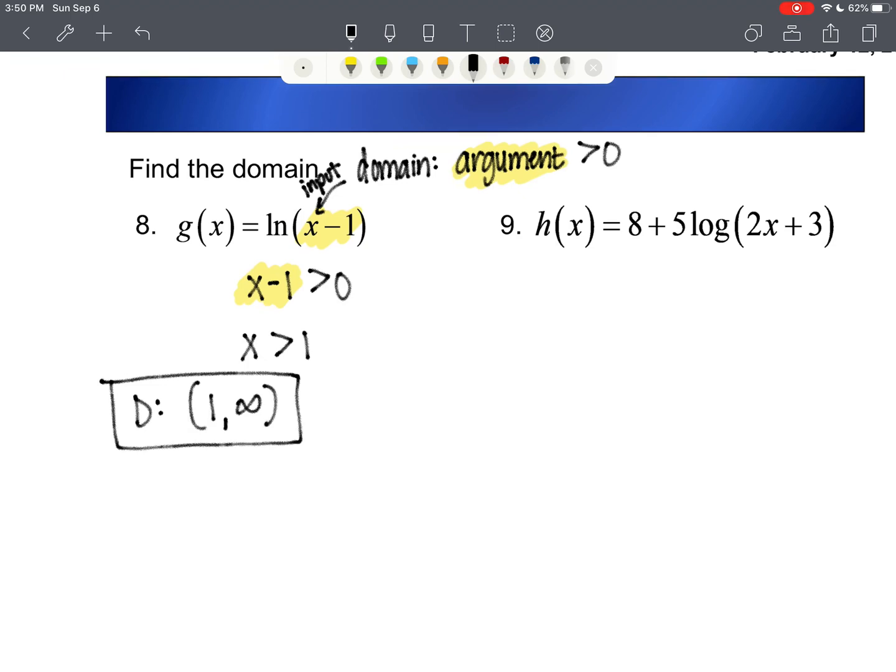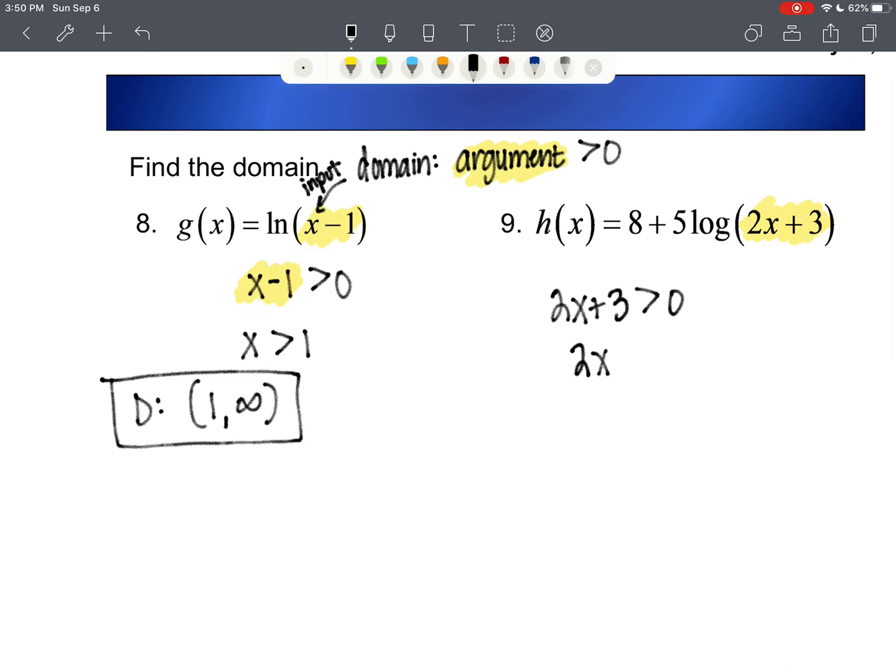Same is true on the next one. We have h of x equals 8 plus 5 times the logarithm of 2x plus 3. Our argument is 2x plus 3. So it's not just x that has to be positive, because maybe x can be negative. It all depends on the argument. It's the argument that has to be greater than 0. So you set that argument greater than 0, subtract 3, divide by 2, and we get x is greater than negative 3/2.